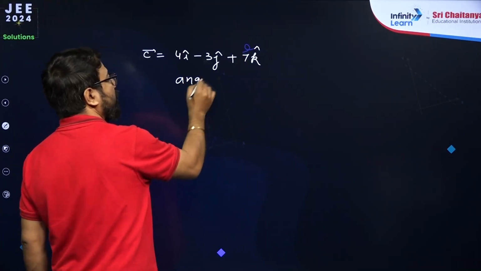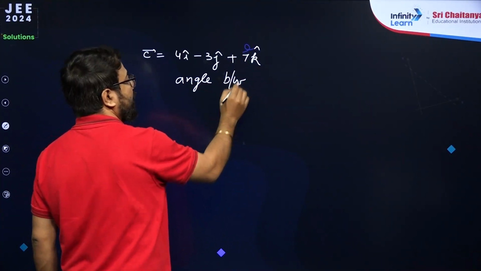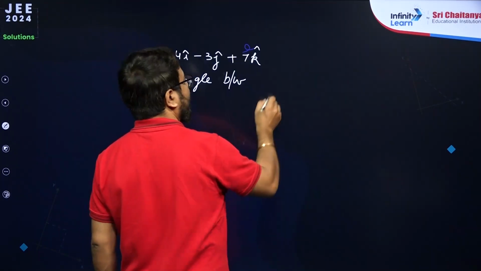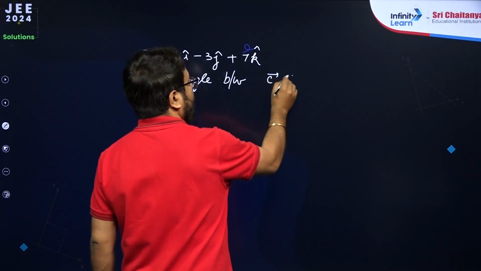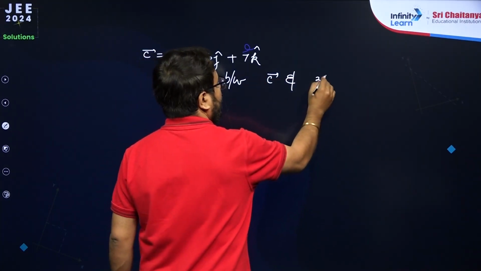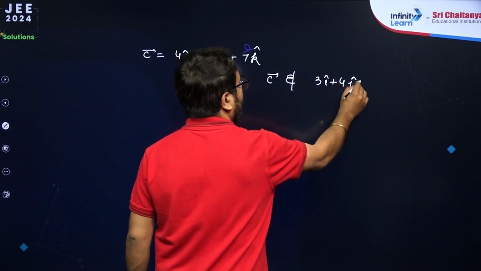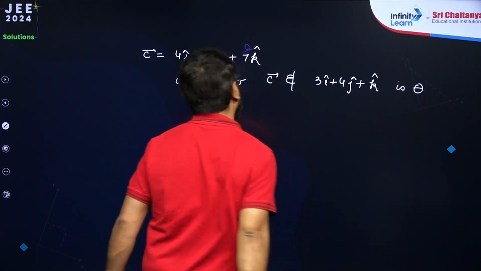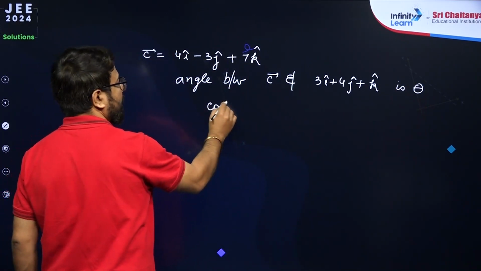Now what we need to do is find the angle between the vector C and the vector 3, 4, 1, and this is theta. So can I get the value of cos theta? Yes, cos theta is very easy.